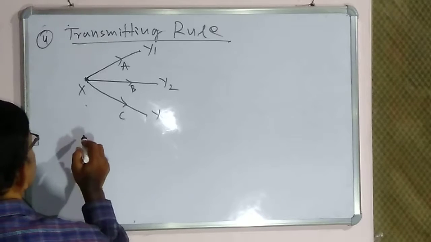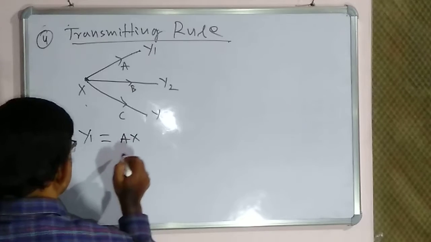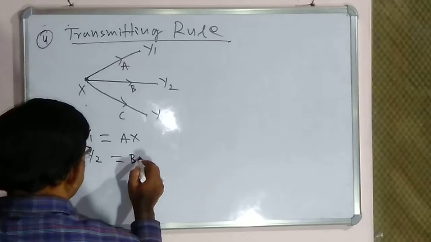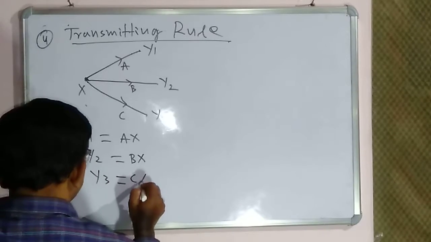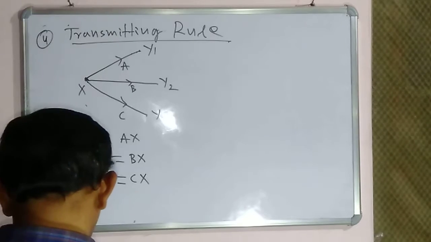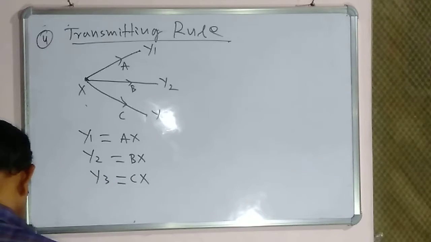Therefore we can find that y1 is equal to ax, similarly y2 is equal to bx, and y3 is equal to cx. So this is called the rule of transmittance or transmitting rule.